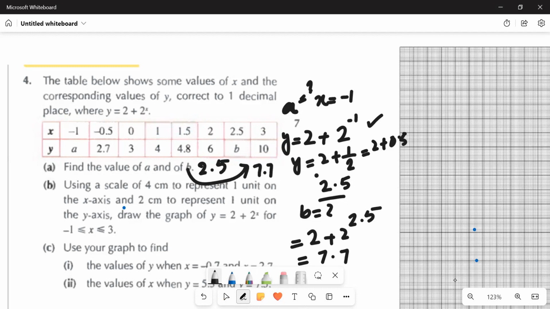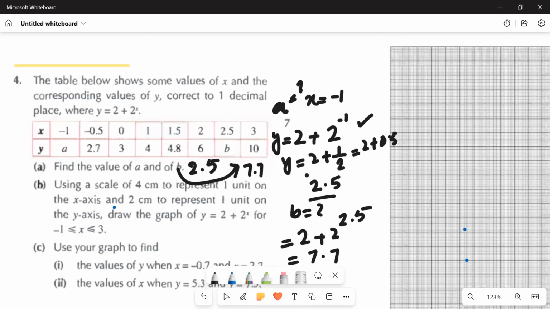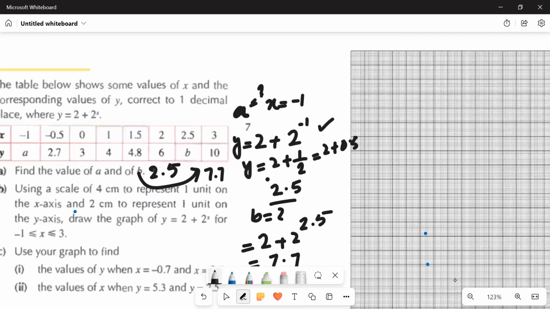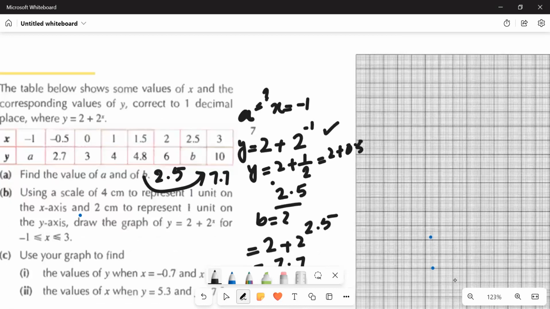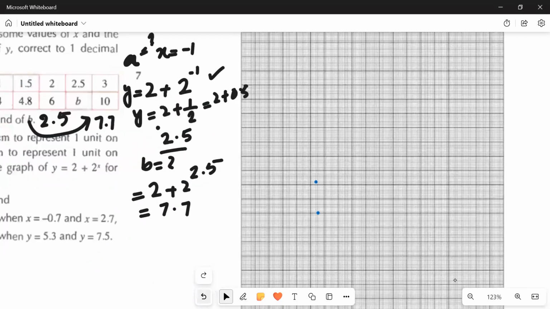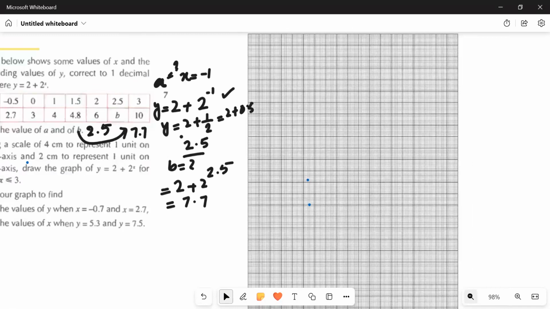Second is using a scale of 4 centimeter to represent 1 and 2 centimeter to 1. So all values are positive, so it means our whole function is with positive values. It will be above.